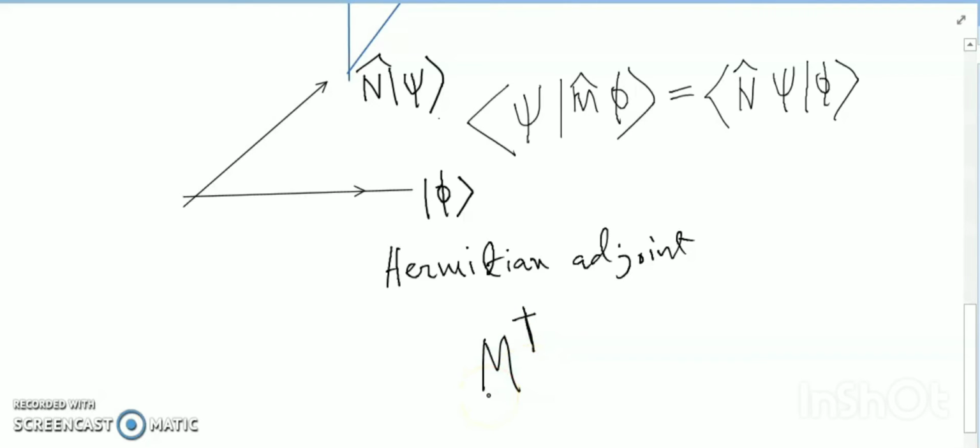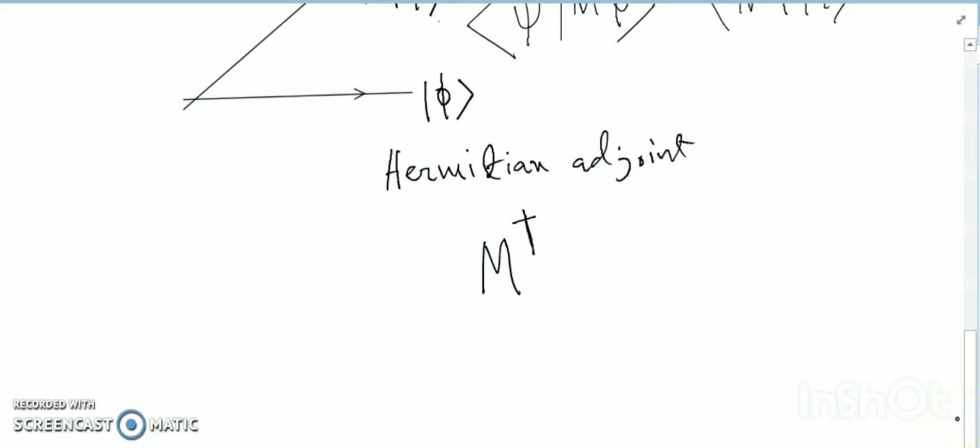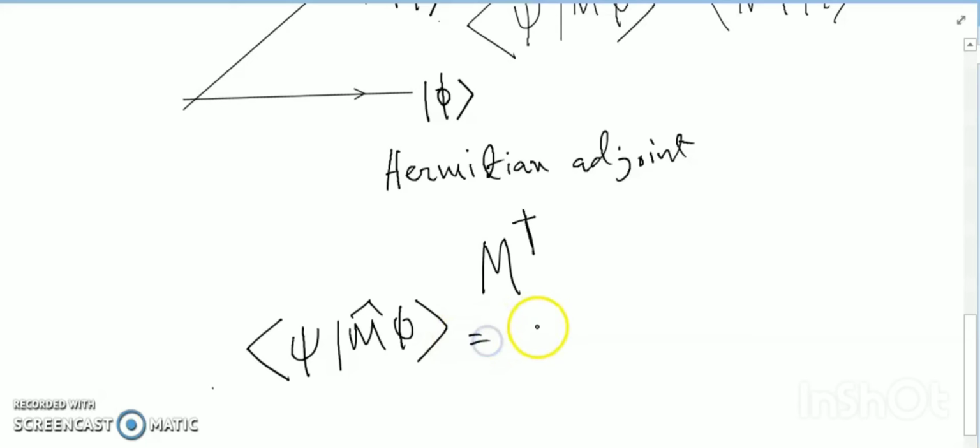The fundamental property of the Hermitian adjoint is that it satisfies the following: psi with M acting on phi equals M dagger acting on psi, with phi.